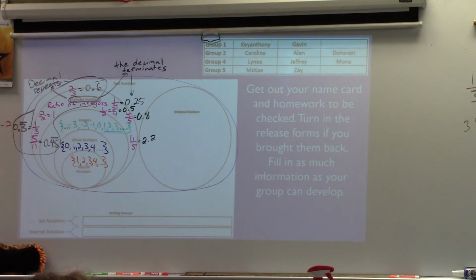Make sure you have that note down. Natural numbers, whole numbers, integers, those are easy to define just by showing a list of things. But a rational number is a little bit harder. We need to know it's a ratio of integers in a fractional form, but in a decimal form, that decimal either terminates or that decimal repeats.